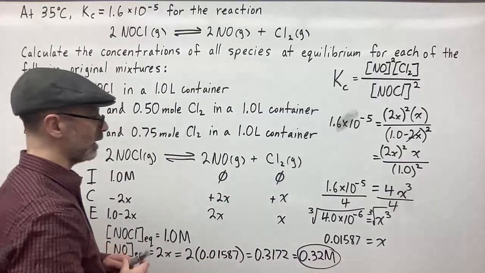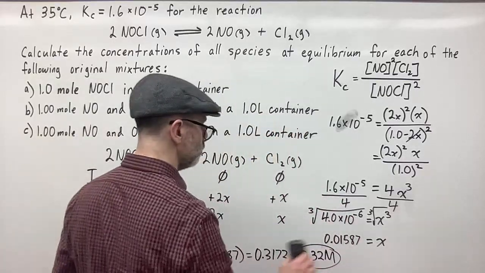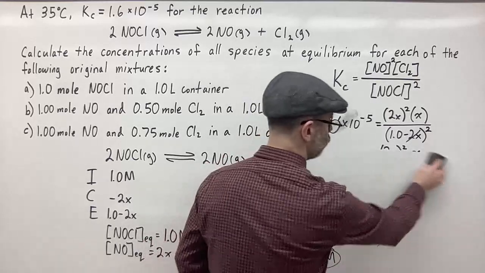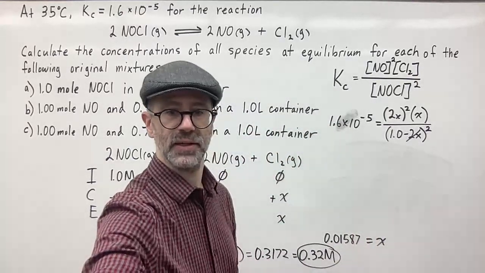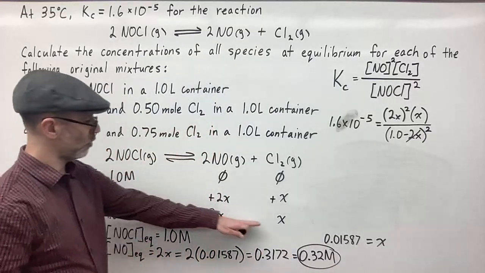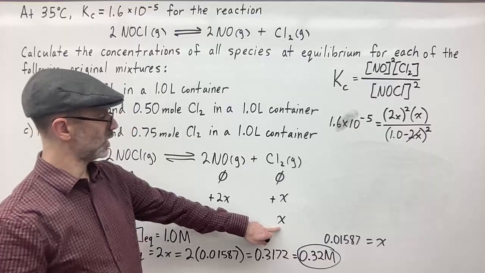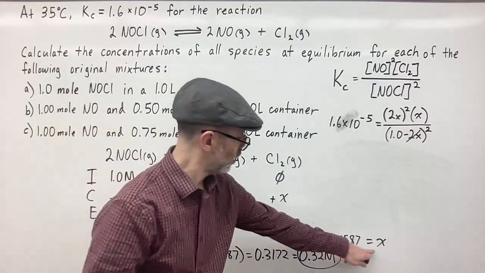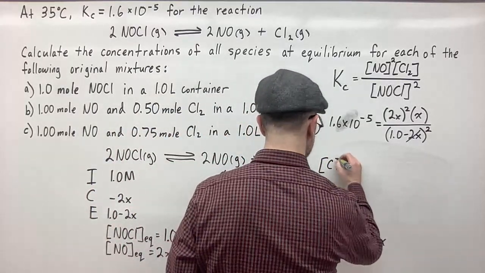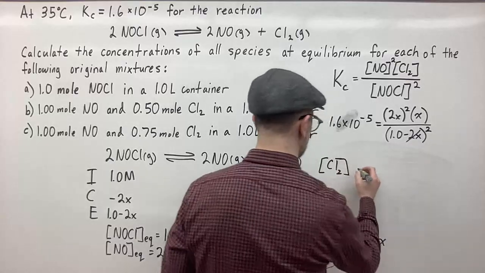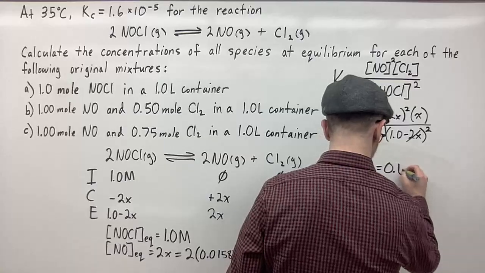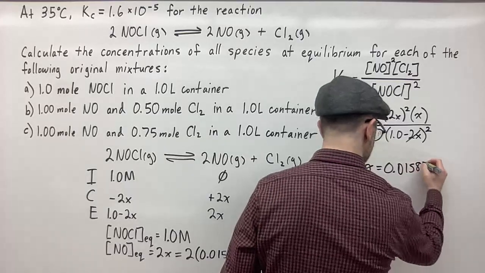And then we can do the same thing for Cl2. So let me get rid of this to give me some room. Okay. And so now we are going to calculate that for this one. But we don't really need to do any calculation because it's x, and x is 0.01587. So the concentration of Cl2 is going to be equal to x, which is 0.01587.